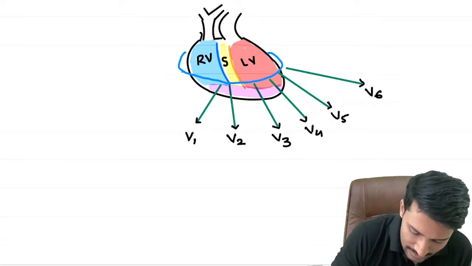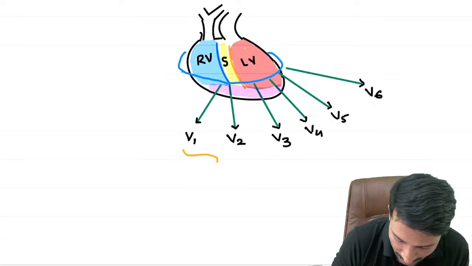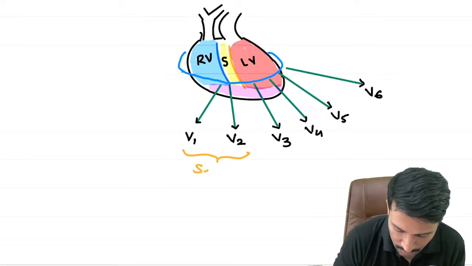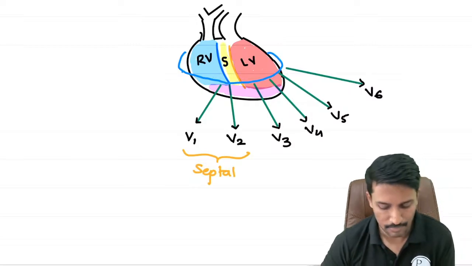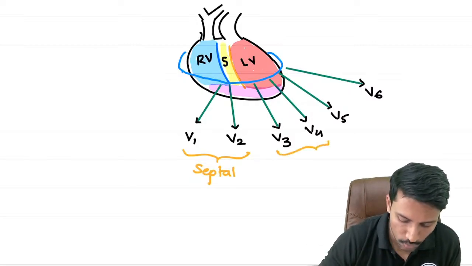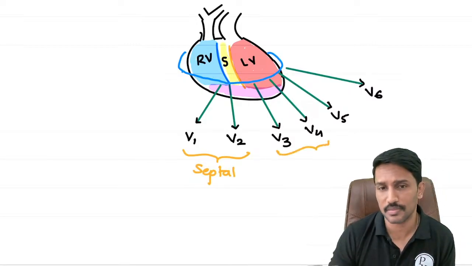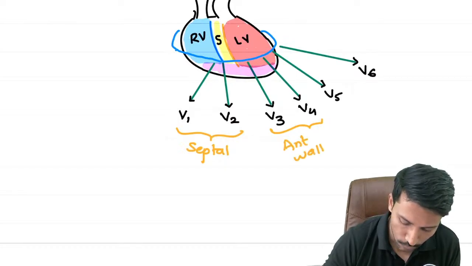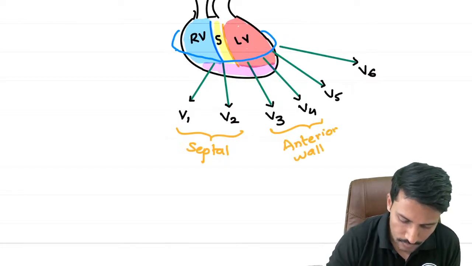So then can I say that V1 and V2 are looking at the interventricular septum, or I can call them as septal leads, right? These are septal leads because they're looking at the septum. And V3 and V4 are looking at the anterior wall, which is part of the left ventricle, right? So they're looking at the anterior wall of the heart.